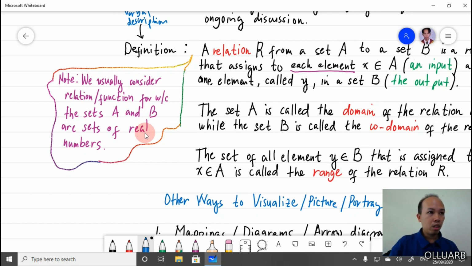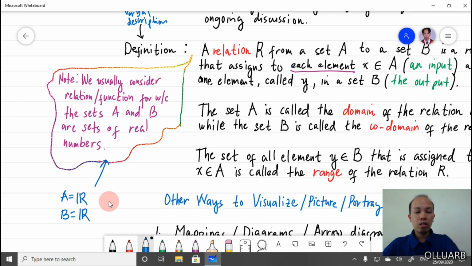Otherwise, if in the problem the domain is some other set, then we cannot do with that. Just stick to the question.